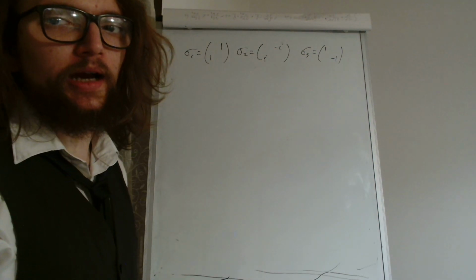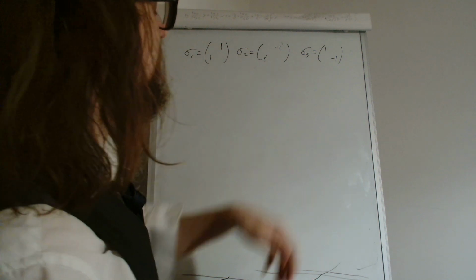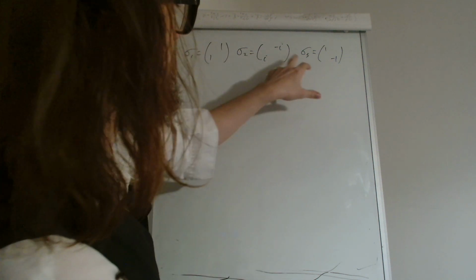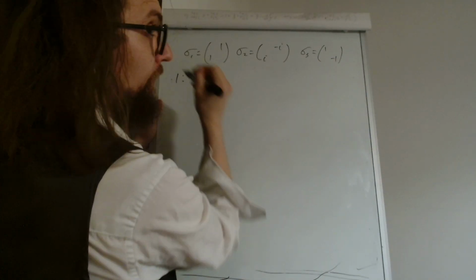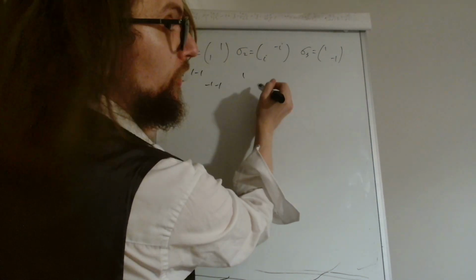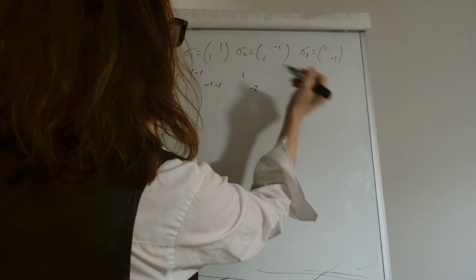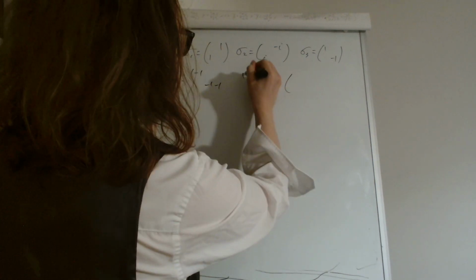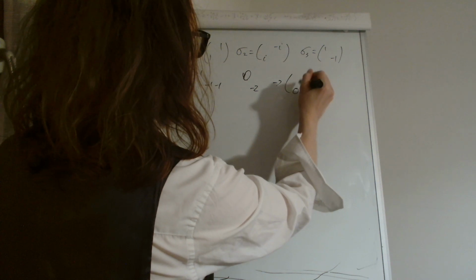Now let's find the eigenspace for each one of the three matrices. So we start from sigma 3, which is diagonal, so it is very simple. In fact, for eigenvalue 1 we have 1 minus 1, minus 1 minus 1, so we have 0 and minus 2, which gives the eigenvector 1 0.